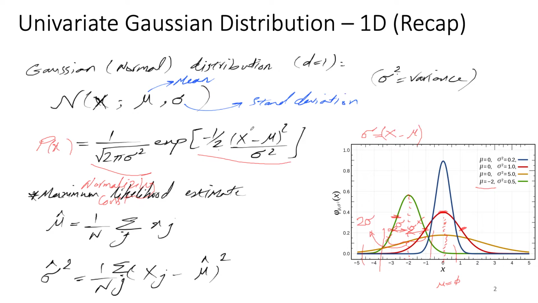So now, can anyone tell me what's the difference between these two with the hats as the estimate and the real mean and variance? These two are maximum likelihood estimates, right? The estimate for the mean, the estimate for the variance. So what's the difference between these two and this mean and this variance without the hats?